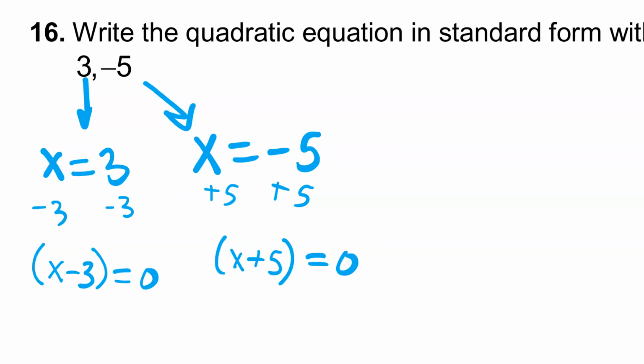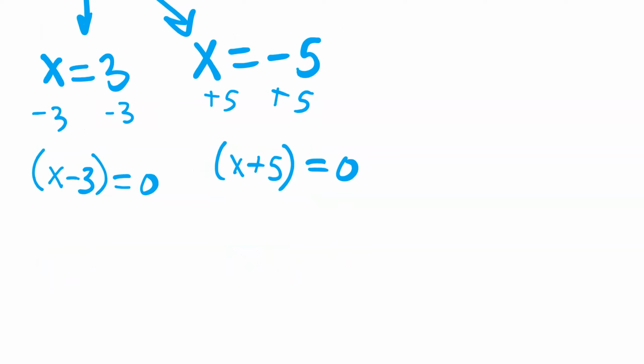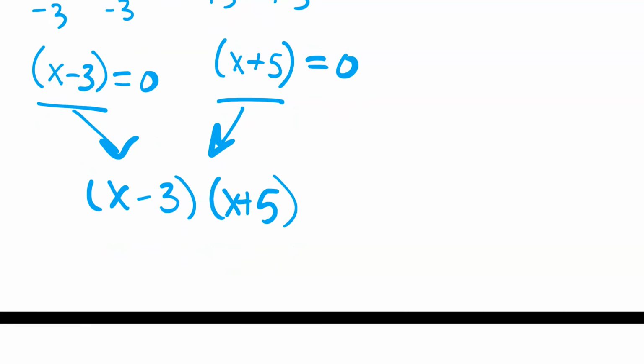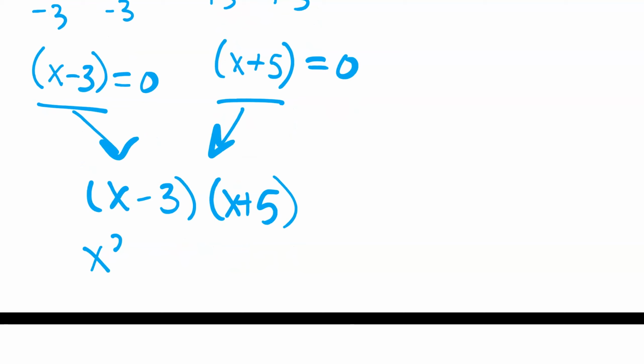Plastic will stretch. Okay. All right, so I have two factors. This is one of my factors. This is my other. And you're going to multiply them together. You always multiply. Foil them. X squared minus 3x plus 5x minus 15.